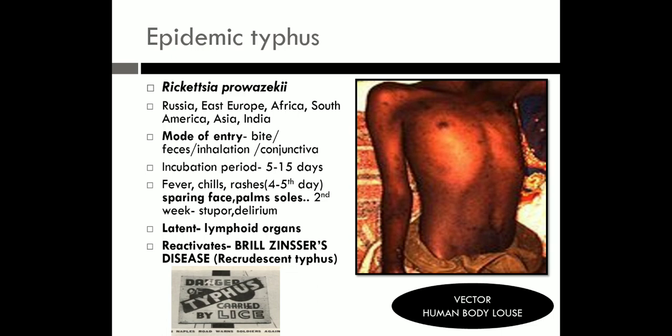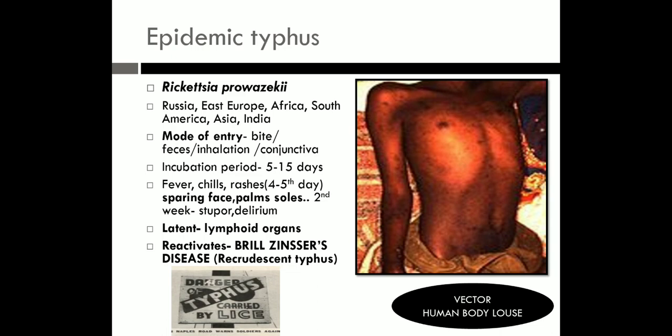Usually this infection occurs as outbreaks in closed settings like refugee camps, prisons, and overcrowded communities. Eastern flying squirrels and their lice and fleas maintain this organism, Rickettsia prowazekii, in the environment.